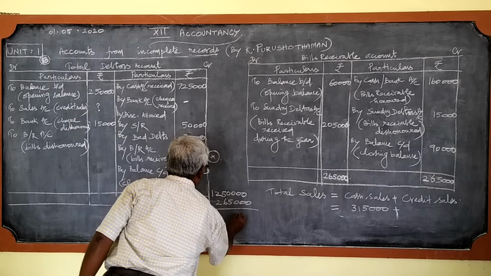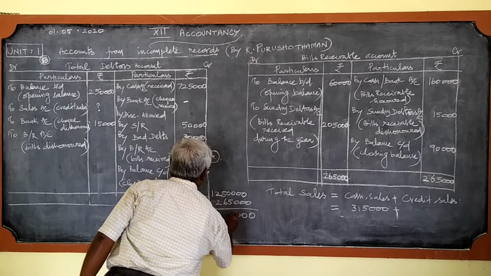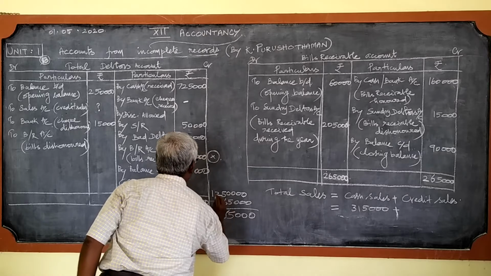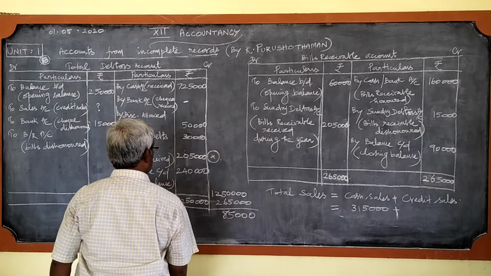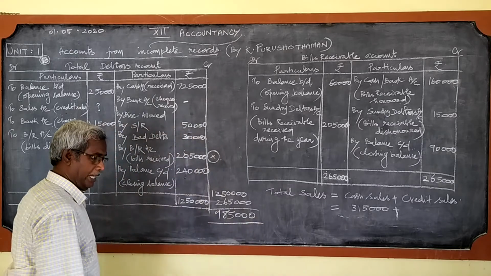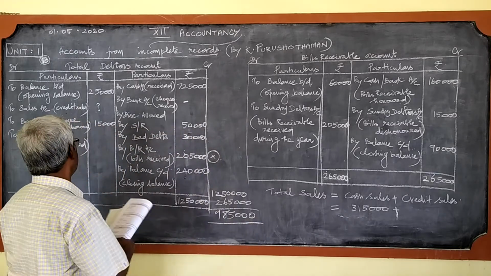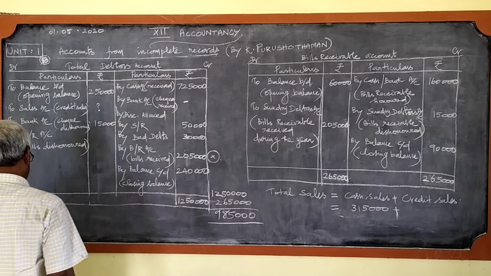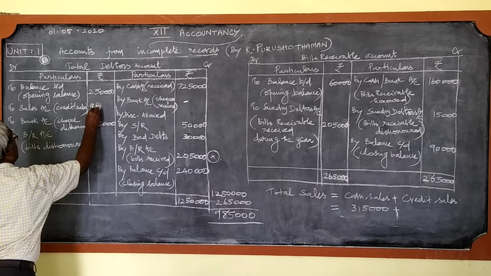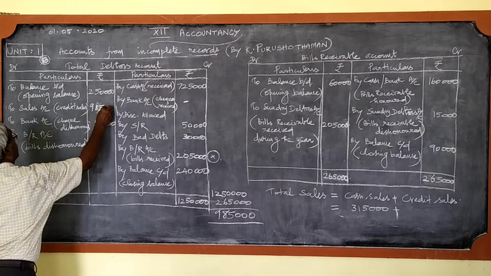What is the balancing figure here? 9 lakhs 85,000 must be the credit sales.